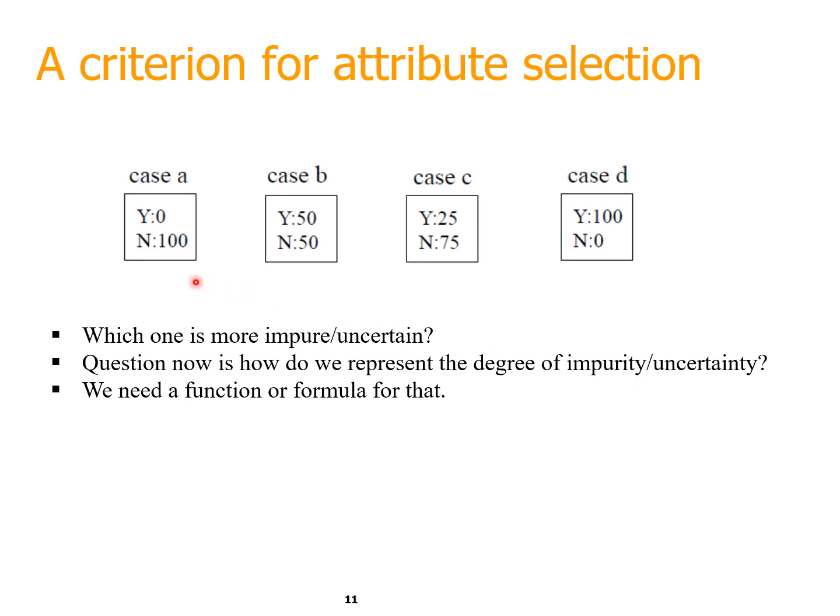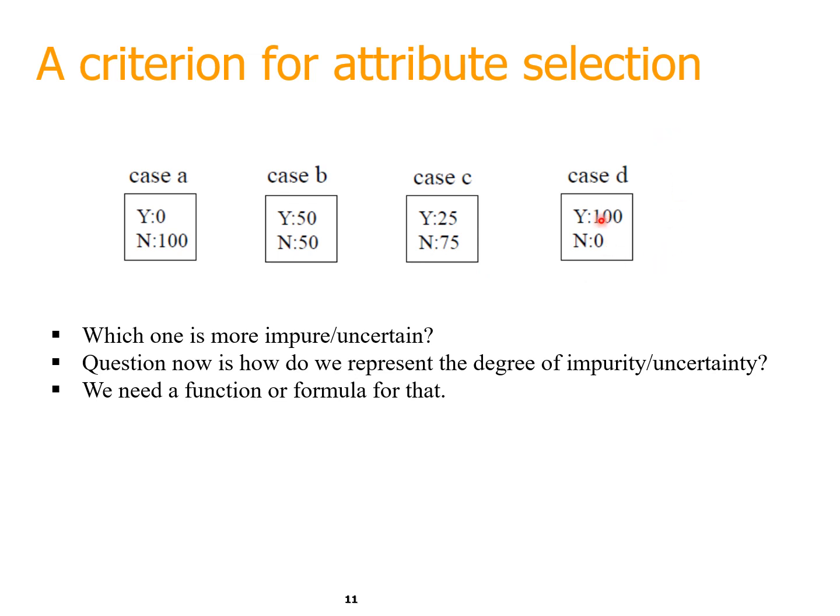Same thing here. Everything is yes, there is no no. So if you have a function for the degree of impurity, that function returns a very low value, a small value for this case as well.